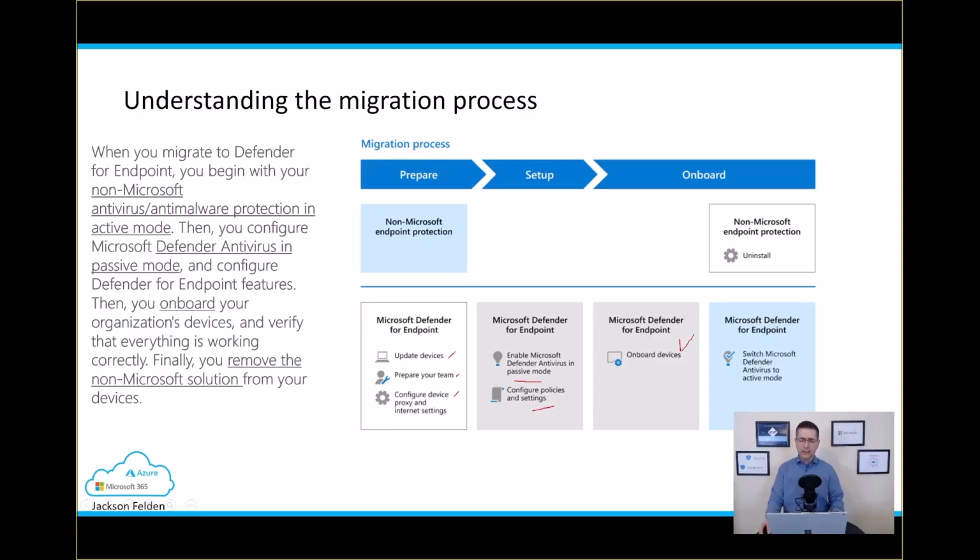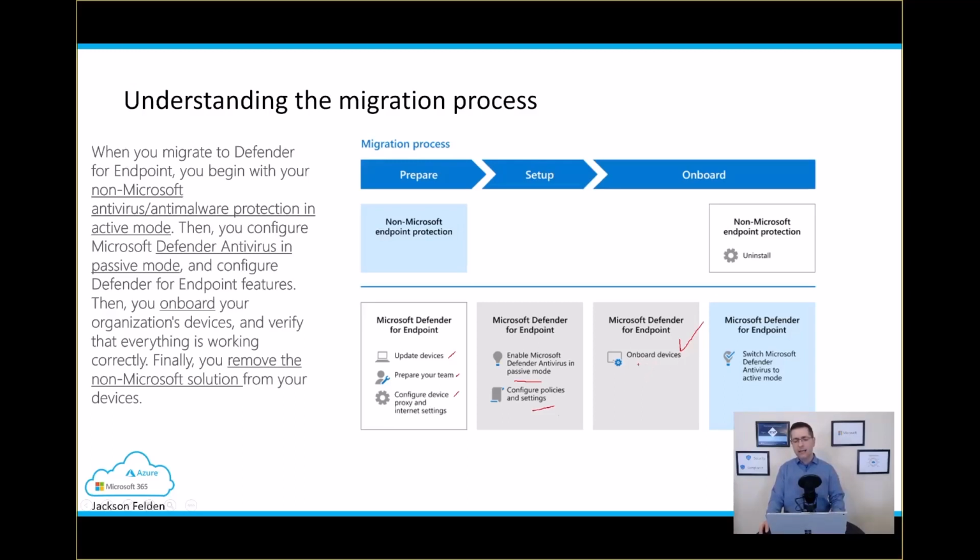Now finally is the step when we do the onboarding. Again, the onboarding can be done in many different ways. In this lab, I will run just a quick local script to do the onboarding. But in a mass onboarding, you can use Group Policy, MEM, or System Center, and there are different ways.